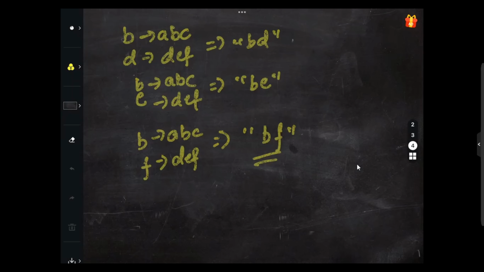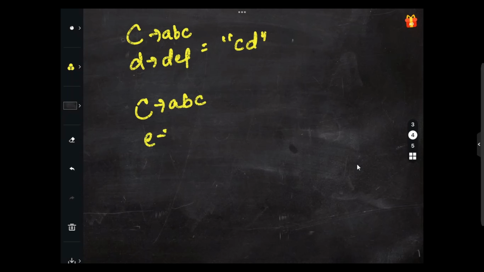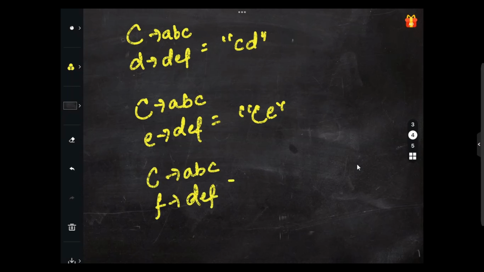Let me consider C from ABC and D from DEF. This one will be CD. Then C from ABC again and E from DEF. This one will be CE, right? Finally, C from ABC again and F from DEF. This one will be CF. So these are the combinations that we got.